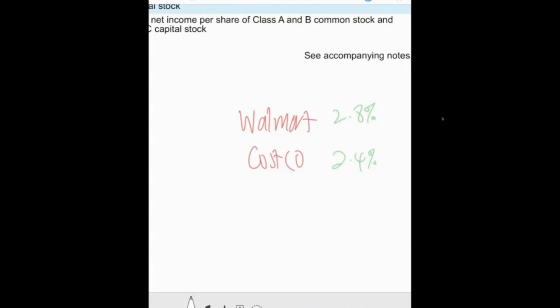CC asked what's the ideal ratio for net profit margin. Like I mentioned earlier, there's no ideal ratio. It depends on the business. Walmart and Costco have very low net profit margins, 2.8% and 2.4%, but it doesn't mean that they are bad. These two companies have been doing very well for the past 10, 20 years.